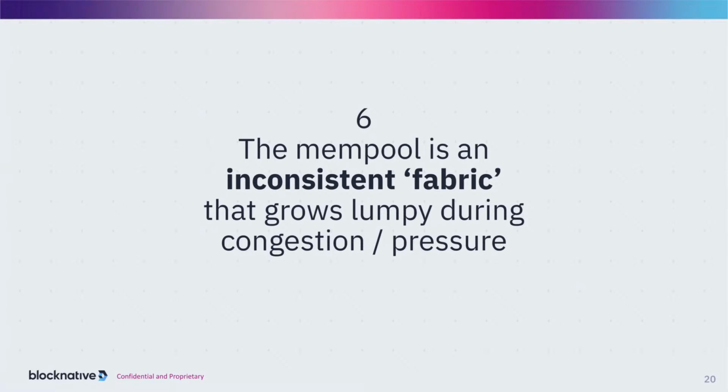Maybe it's a little different, maybe it's a lot different, and this is largely due to conditions of network congestion, mempool pressure specifically. As that pressure builds, the fabric gets lumpier and lumpier.